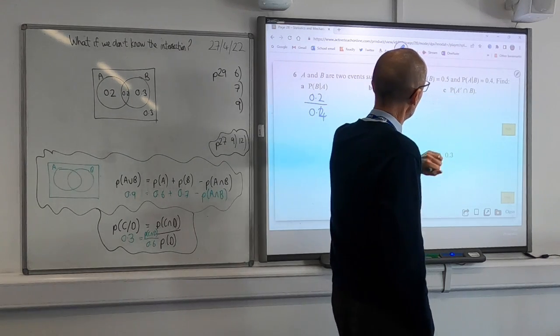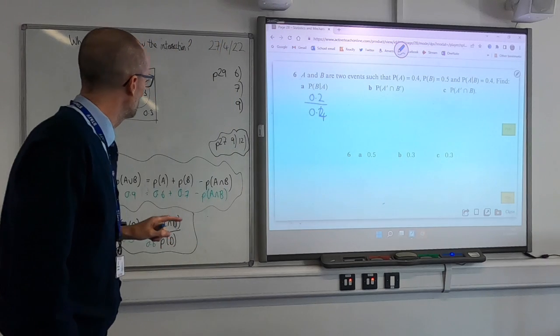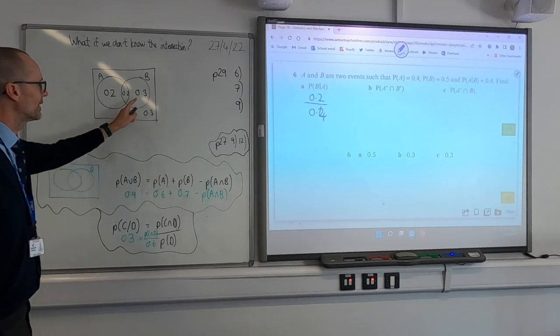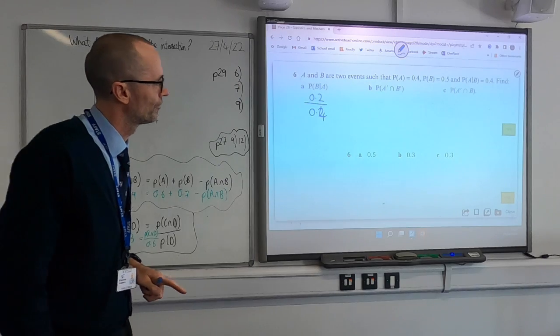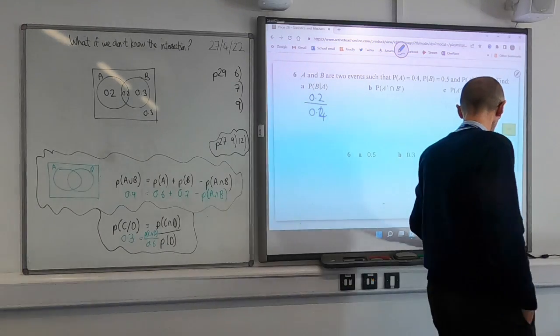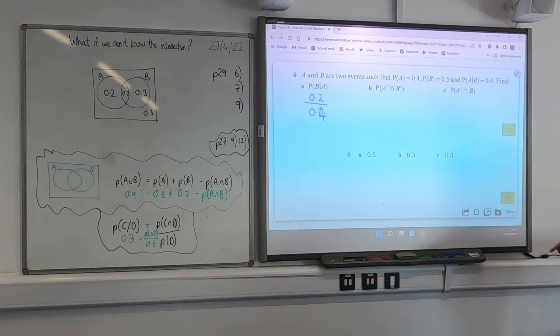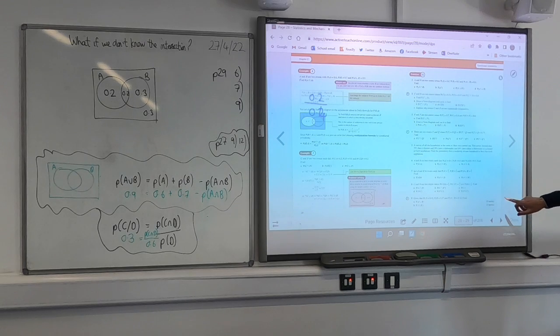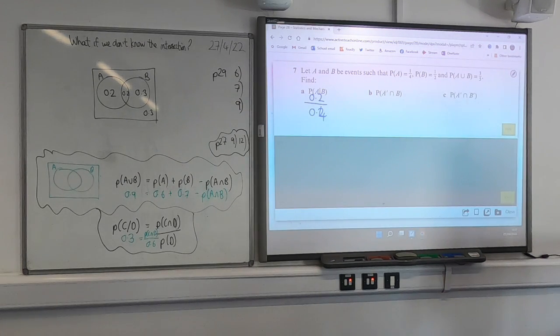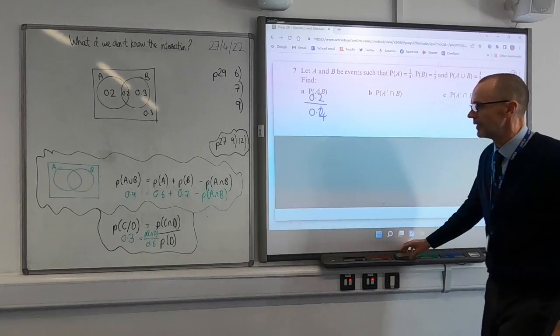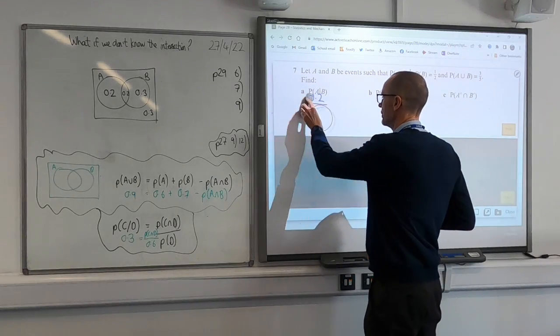And that is inside B and not inside A, so that's 0.3. And this uses the first of those two rules that we talked about.